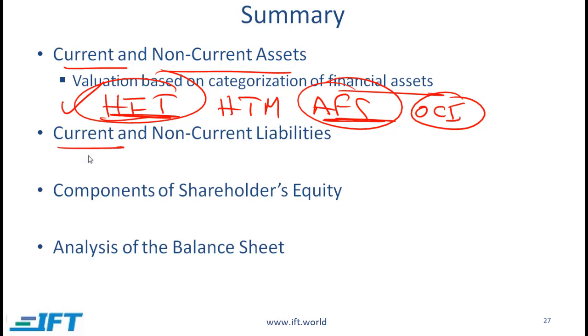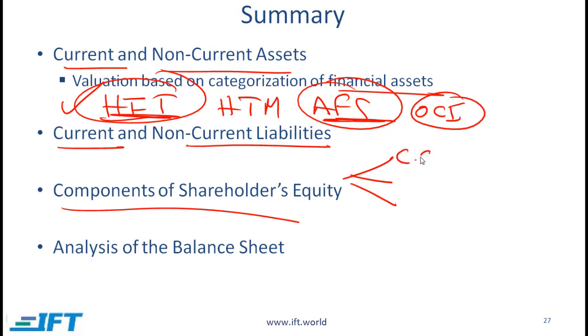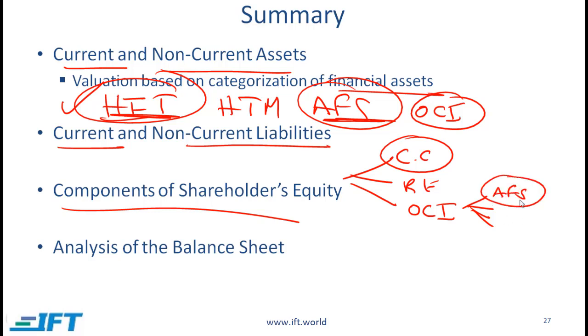You need to understand the major current and non-current liabilities. Understanding all the components of equity is important. The three major ones that you must know are the contributed capital or the stock, the retained earnings, and other comprehensive income. Within other comprehensive income, there are four subcategories. The most important one for you at this stage is the unrealized gains with available for sale assets.